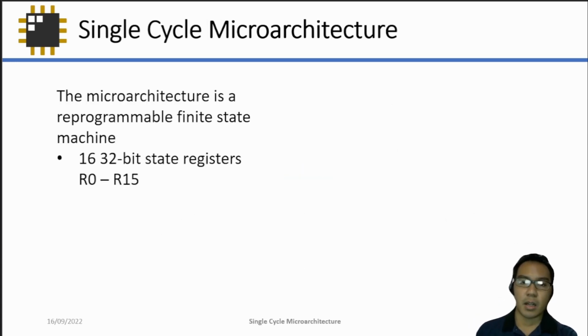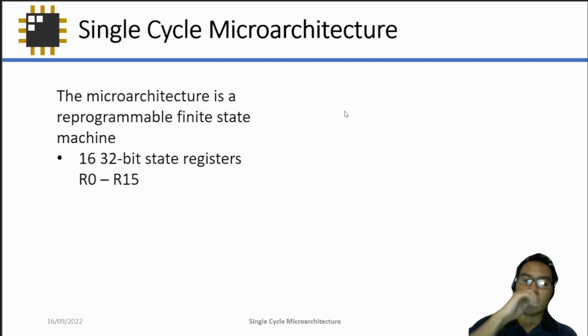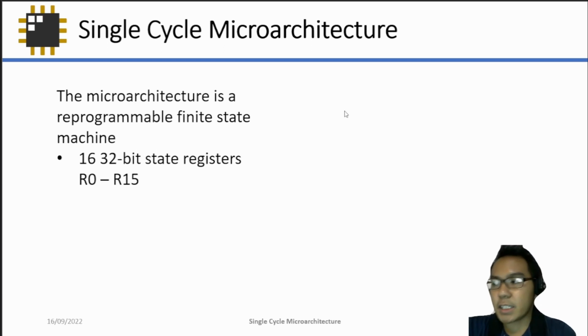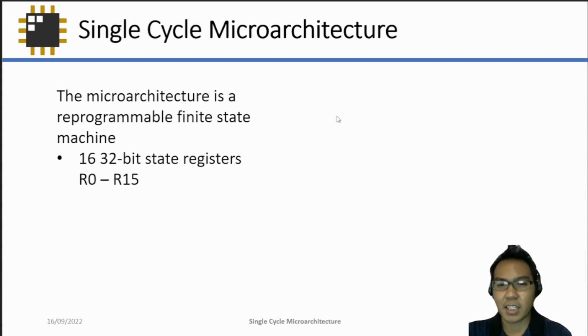So now, what is the single cycle microarchitecture? The microarchitecture for the ARM ISA that we're going to introduce is something that works in one cycle. That's why it's called single cycle.